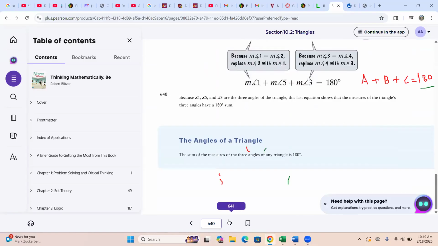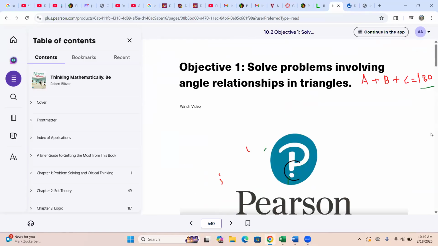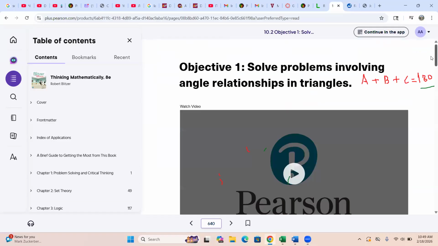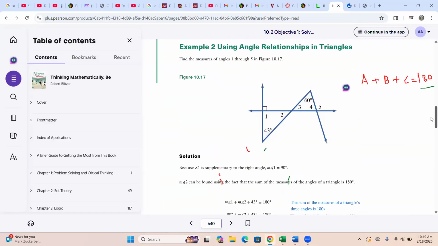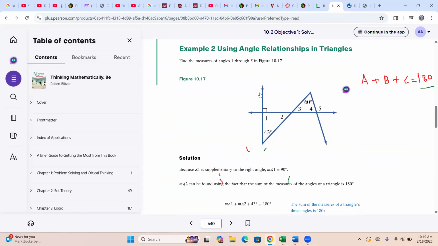And now exercises, so we can practice and do a couple of problems with these triangles, and that would be good enough. So example 2 is here. We have a triangle and a pair of angles in it, 2 and 3, that are the same.